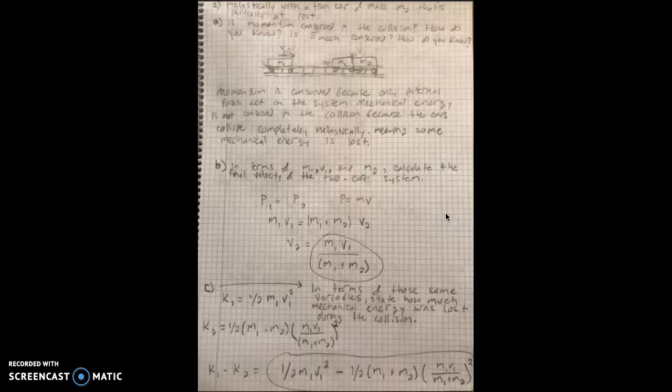So one mistake that a student might make during this problem is that there are a few places you could fail to realize the things that are given to you in the problem itself, such as what the completely inelastic collision means to the problem, that mechanical energy is not conserved, and also that the track is frictionless.